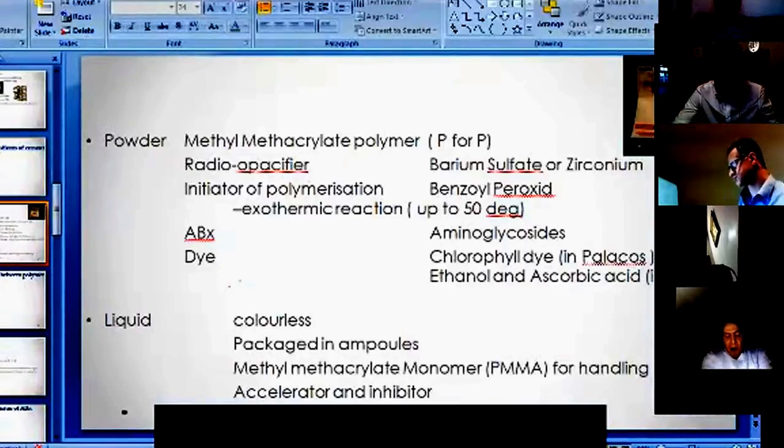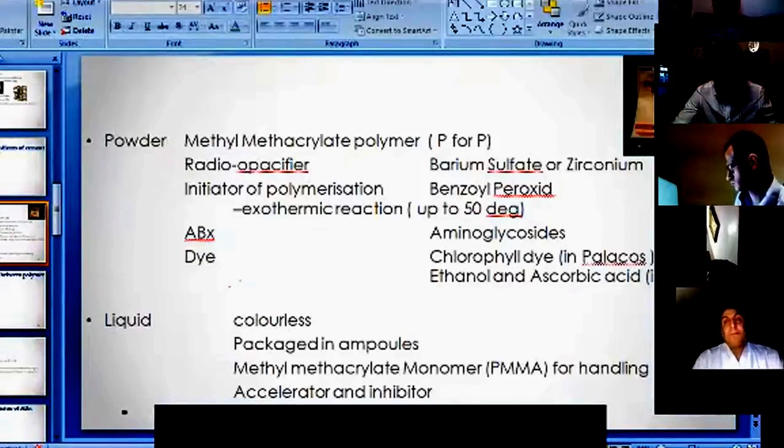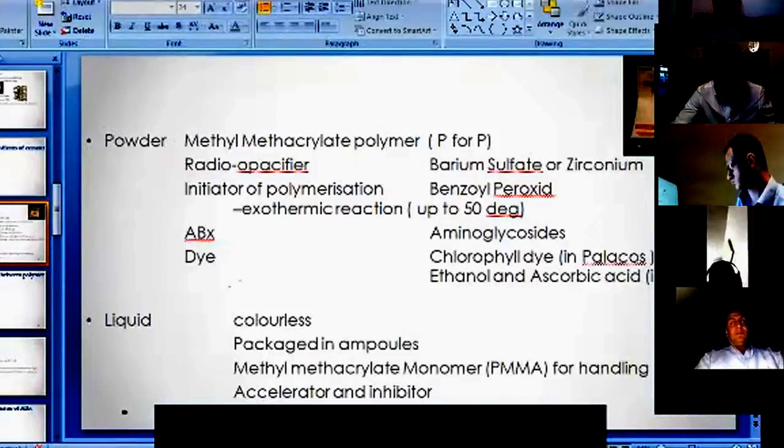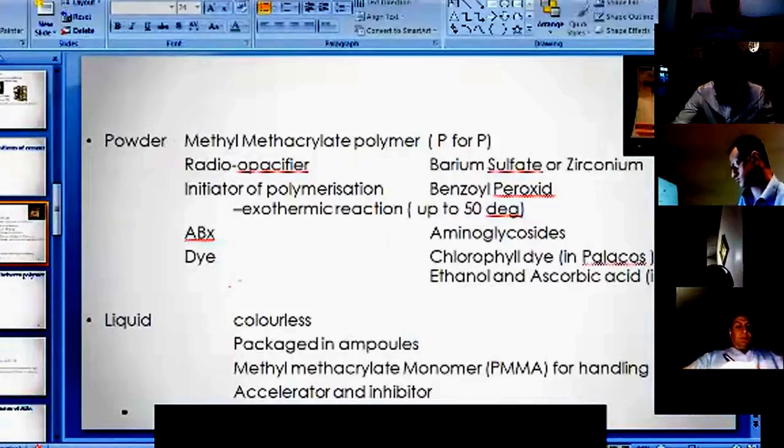The powder also contains the radio-opacifier, which can be barium sulfate or zirconium. The powder contains the initiator of the polymerization, like benzoyl peroxide. You could add to the examiner that the polymerization produces an exothermic reaction, raising the temperature up to 50 degrees.